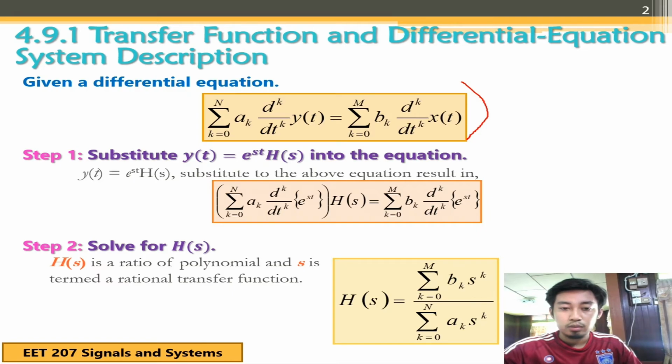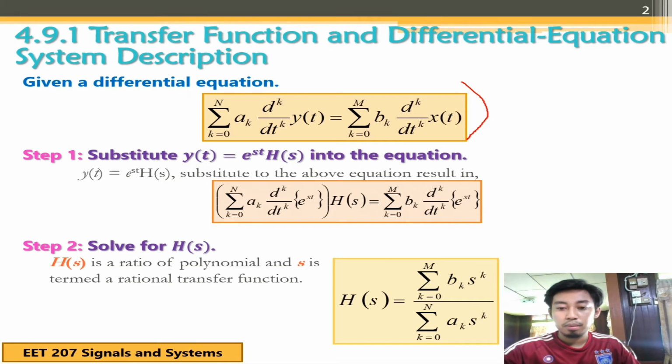The n here is the number of derivatives for the left side, the y(t), which is the output, and for the input, k is the number of derivatives. This is the a and b.